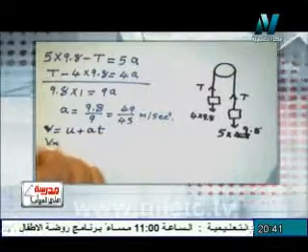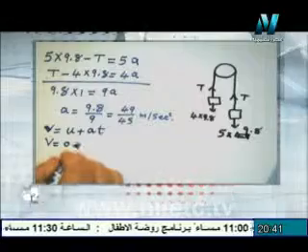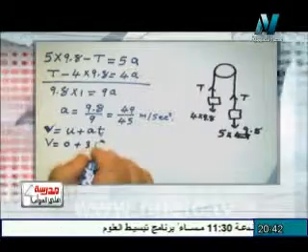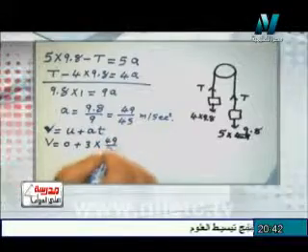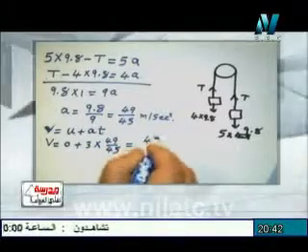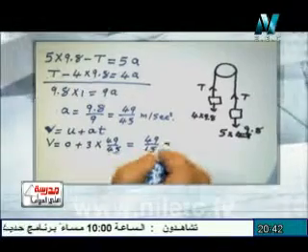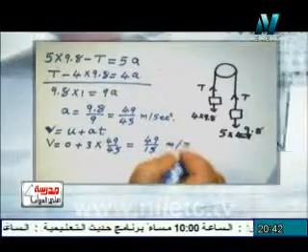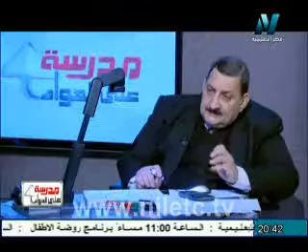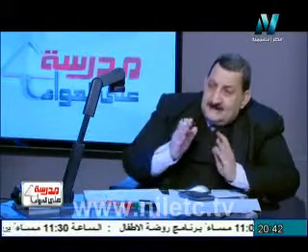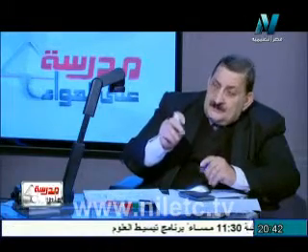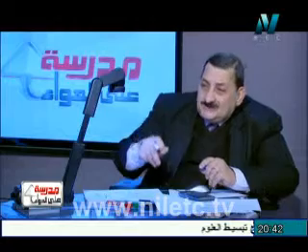V equal, from rest, 3 multiply 49 over 45. This equal to 49 over 15 meter per second. This is the velocity at the moment that body 2 reaches the ground.